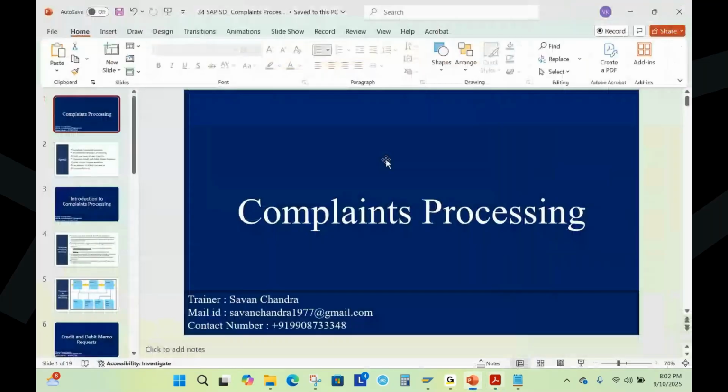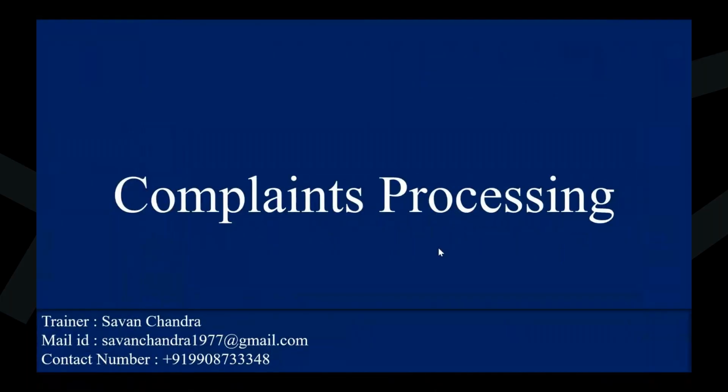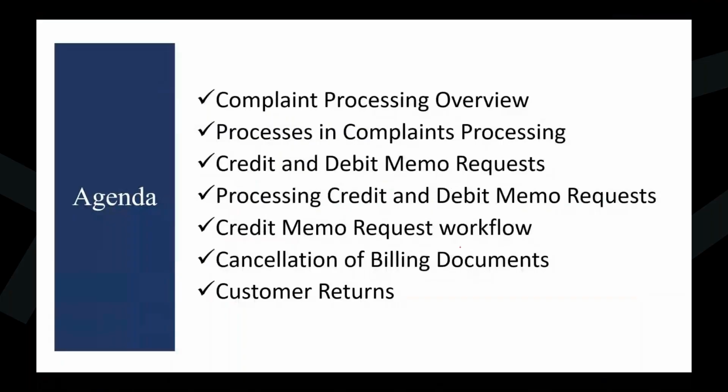Okay. So in complaint processing, we will understand what complaint processing is and what the different processes in complaint processing are. Then we will see credit memo and debit memo requests, how to create and process them, and the credit memo request workflow.